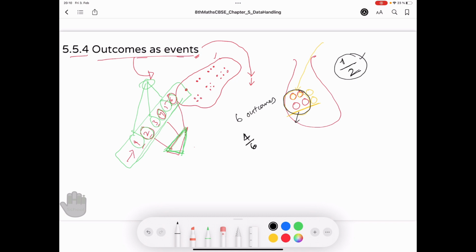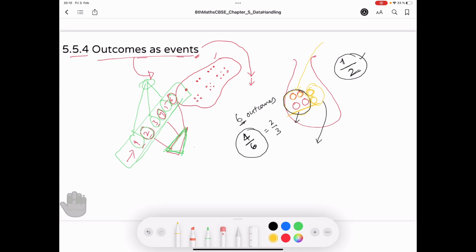Similarly here, there are 4 red balls and 6 balls in total, so the probability of getting a red ball is 4 divided by 6, which is nothing but 2 divided by 3.